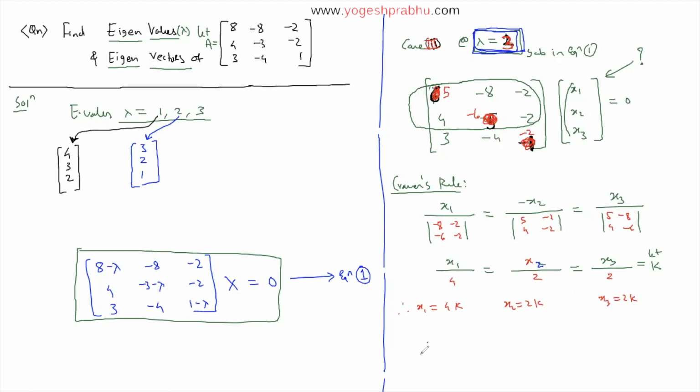And therefore your capital X, the eigenvector, is going to be 4k, 2k, and 2k. You can take 2k out, and then just write down the multipliers inside. So it is 2, 1, 1. That is the corresponding eigenvector for 3. So the eigenvector for eigenvalue 3 is 2, 1, 1.